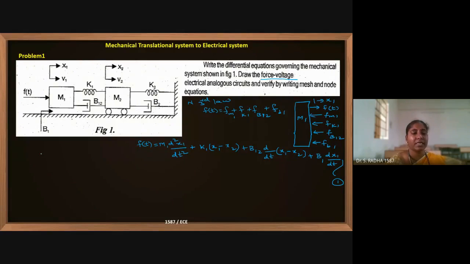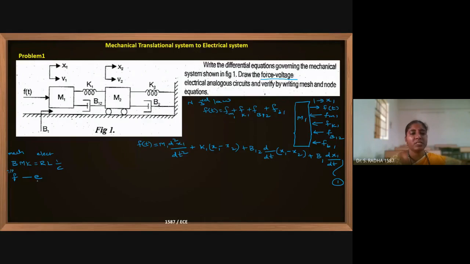Now I will try to convert this to equivalent electrical terms. What I know: B, M, K are equivalent to R, L, 1 by C. This is mechanical and this is electrical. Input force is equivalent to voltage; I will take E for the voltage representation. This is the input parameter.